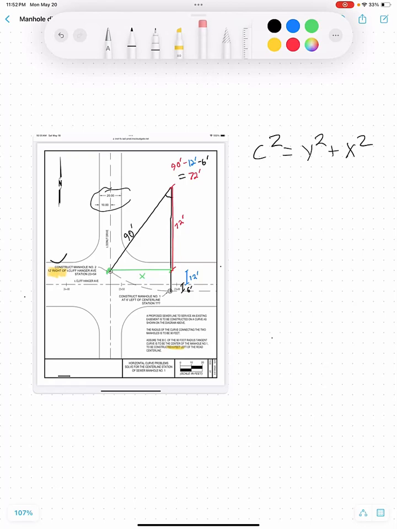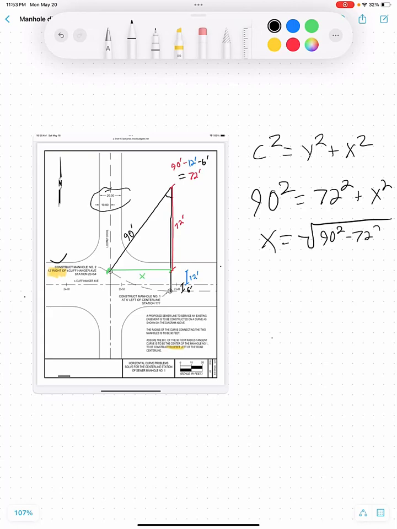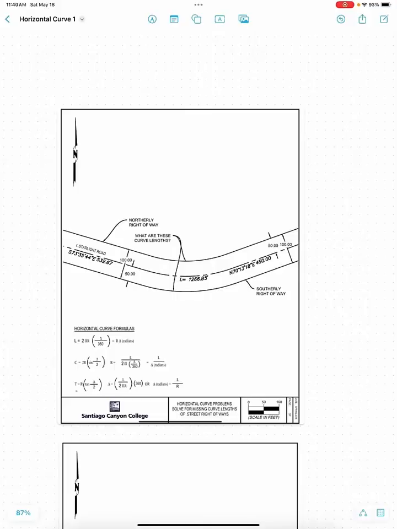We know our C distance is 90. 90 squared equals 72 squared plus x squared. X equals the square root of 90 squared minus 72 squared. And that's it. All right, moving on to the next problem.